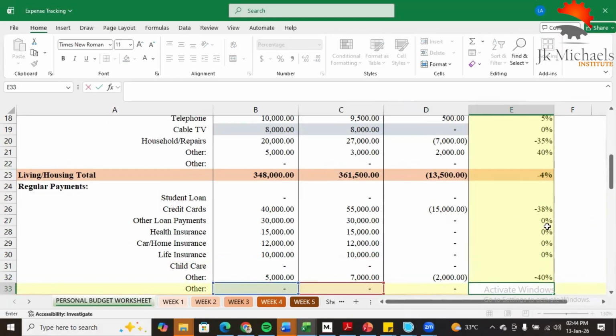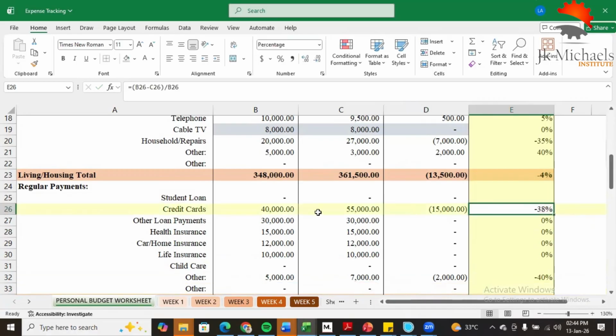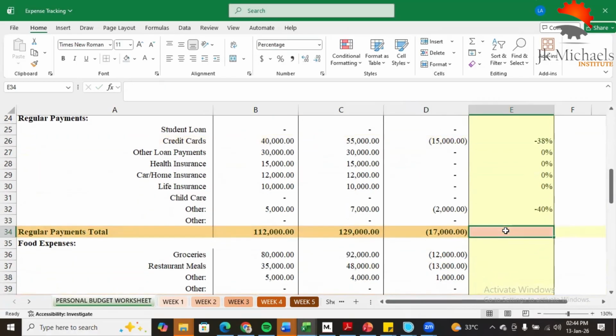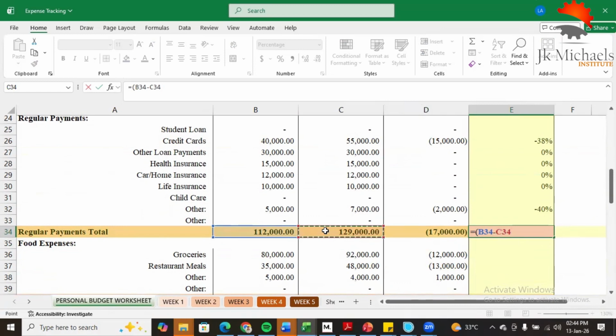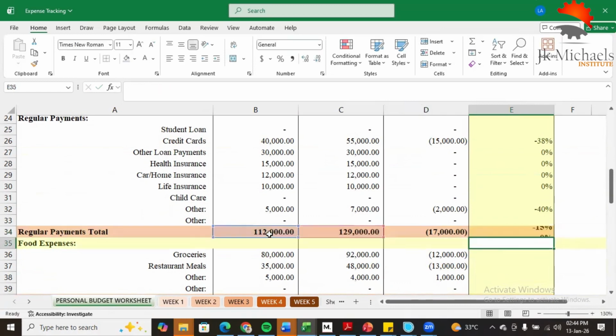Right, so these were areas where we didn't have a variance, but here we had variance of 38%. And then if we repeated this here, budget minus actual divided by budget, you can see that it comes down to a 15% variance altogether.